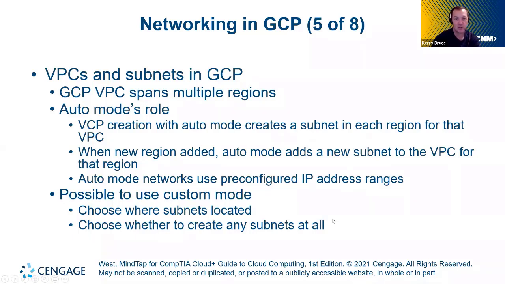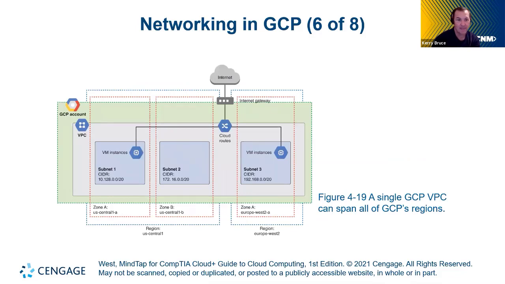VPC creation in auto mode creates a subnet in each region for that VPC, so it automatically creates subnets for you. When a new region is added, auto mode adds a new subnet for the VPC in that region as well, and it uses pre-configured IP address ranges. You can choose, in some cases, where the subnet is located or whether to create any subnets at all. Okay, so you've got some options.